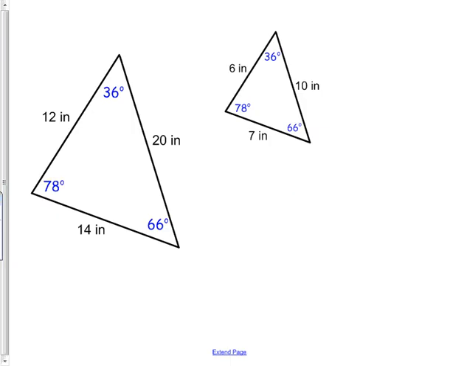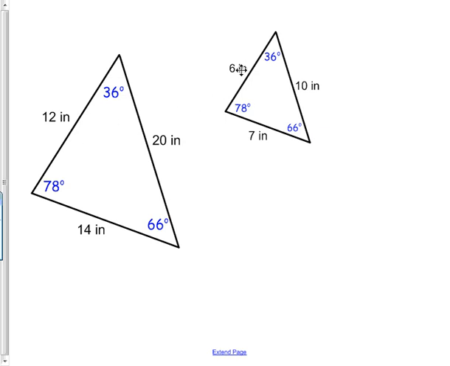So these look like they're congruent, or at least they're pretty close. We've got 36 degrees, 36 degrees, 66 degrees, 66 degrees, and 78 degrees, and 78 degrees. While the angles do match up on these two shapes, that meets the first criteria, the second criteria is all the sides have to be congruent.